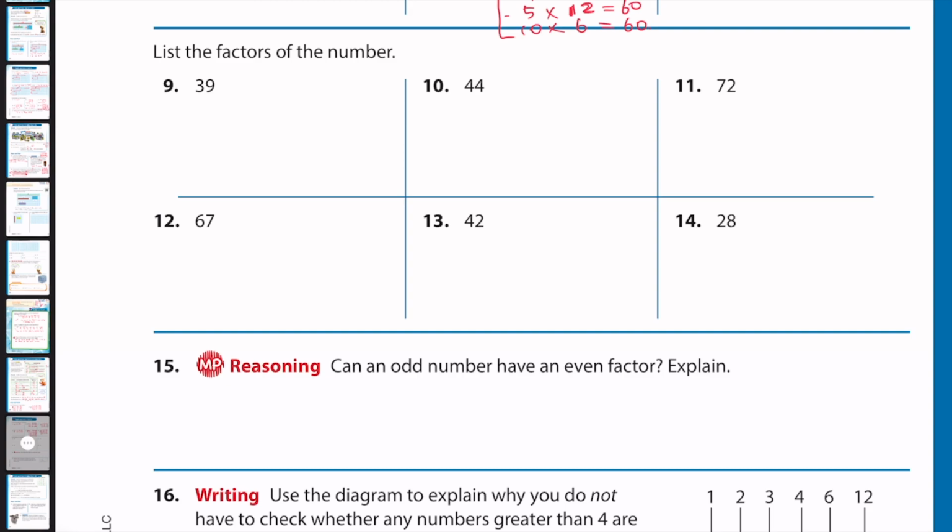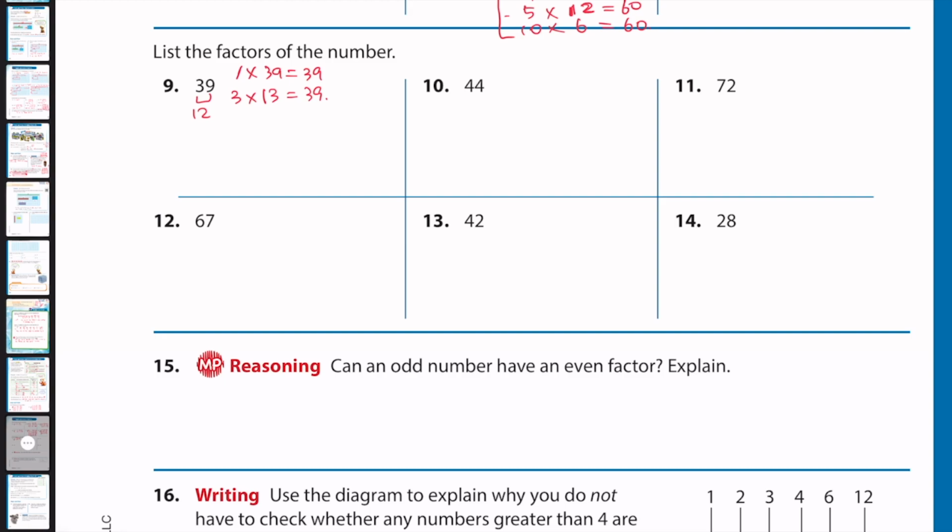Okay, and list the factors of the number. This time just list the factors, but you can always find the pairs. That's easier. So 1 times 39 is 39. And when you add the digits together, it's 12, which is divisible by 3. So 3 can fit into 3 by 1, and 13 times 3 is 39.